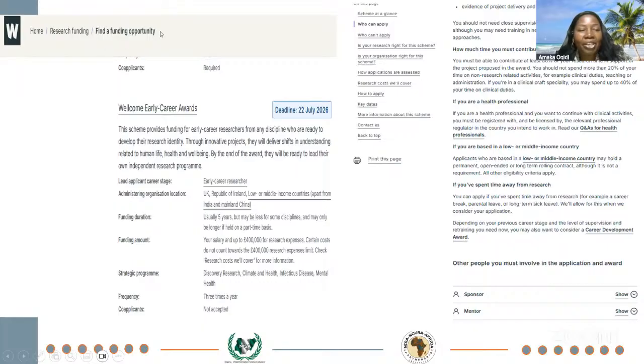You can see the funding opportunity here. And it's talking about the Wellcome Early Career Awards. So I want you also to identify 3 things or instructions here that will guide you in assembling a comprehensive application package in response to this funding opportunity.